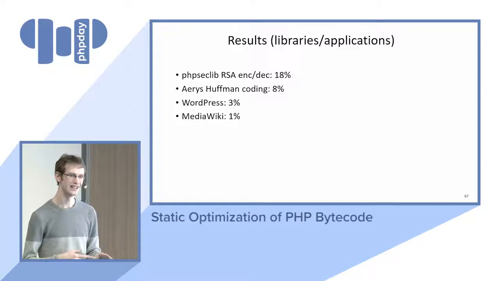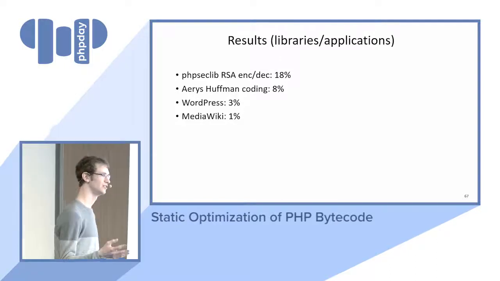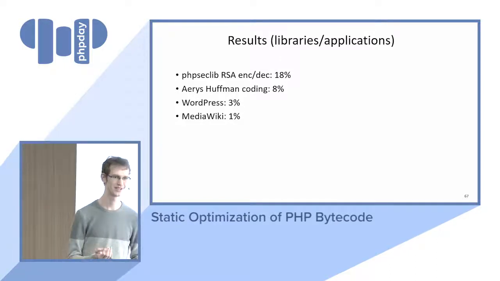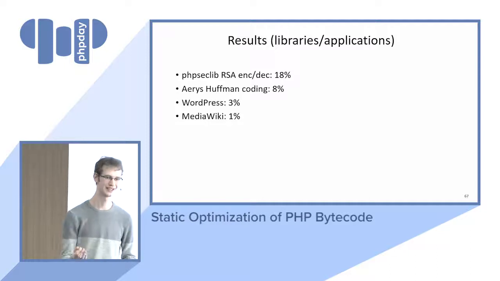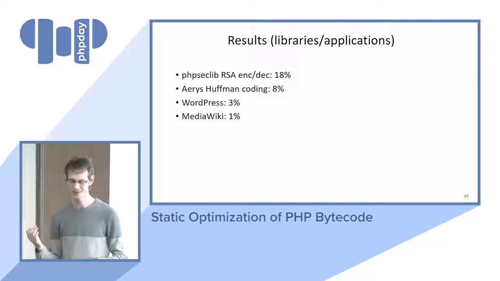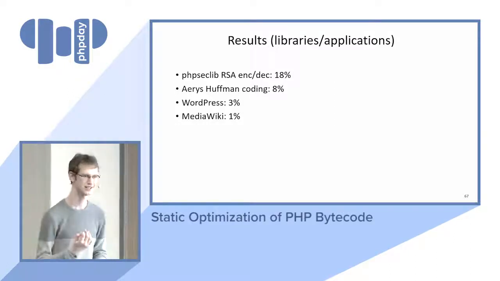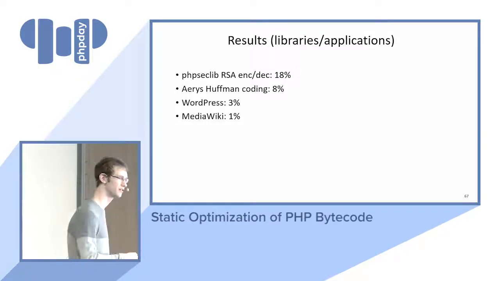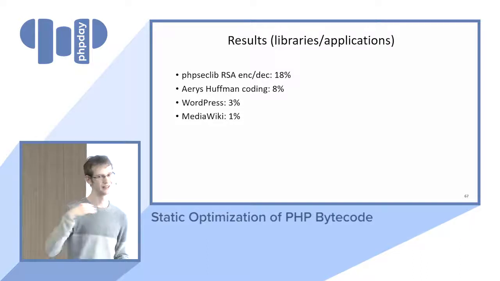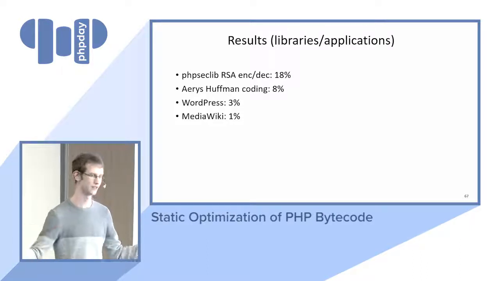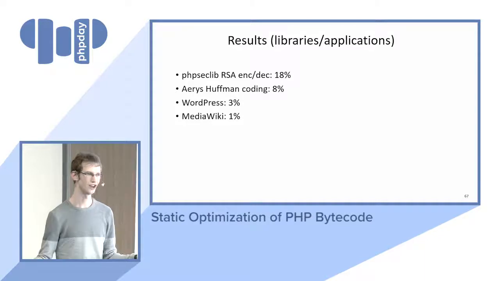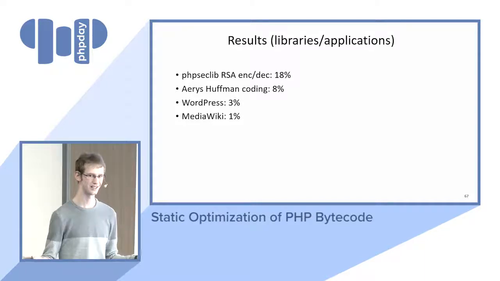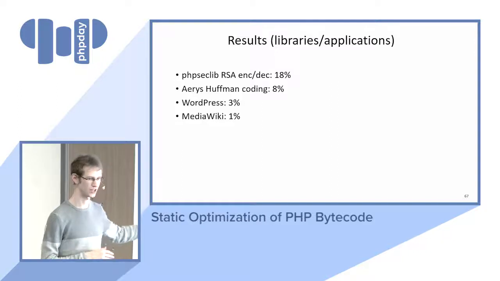Especially because another consideration you always have is if you do these kind of optimizations, you usually get something wrong. So you try to make sure it's correct, but PHP is a pretty complex language with many unpleasant edge cases. So in the end, it always turns out that you forgot something, and then perfectly valid code suddenly behaves differently. I don't know if anyone has ever experienced this, even with the optimizations we have right now, which does not include some of the stuff I've been talking about here.